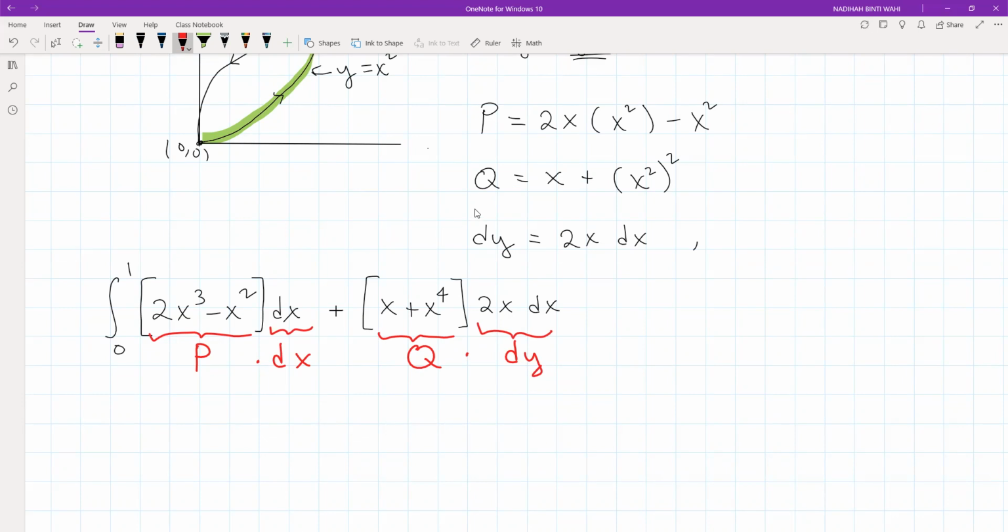Okay, so just one last simplification. We just simplify this. We have from 0 to 1, 2x cubed minus x squared plus 2x squared plus 2x to the power of 5 dx.